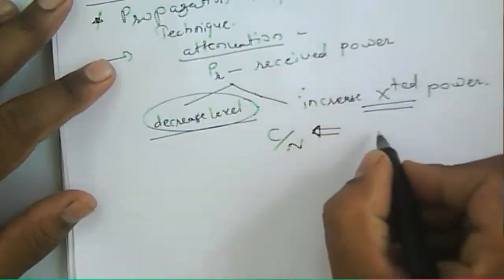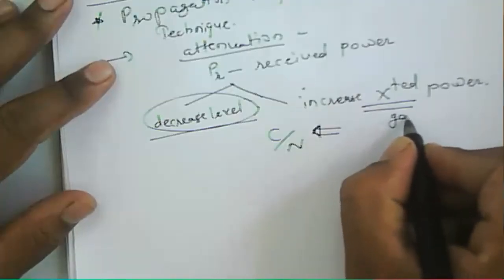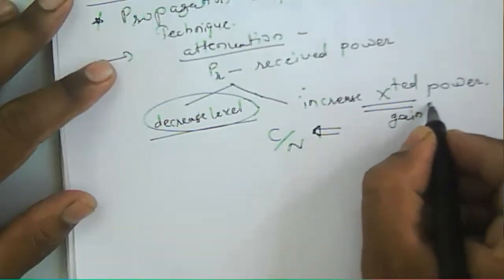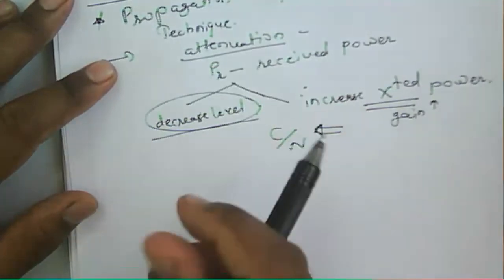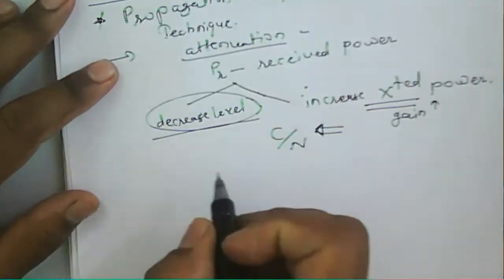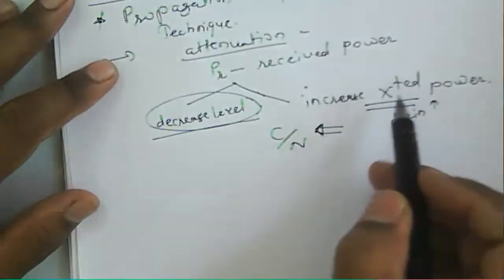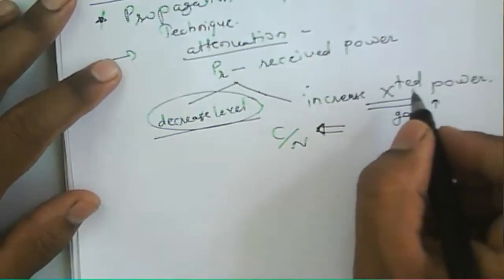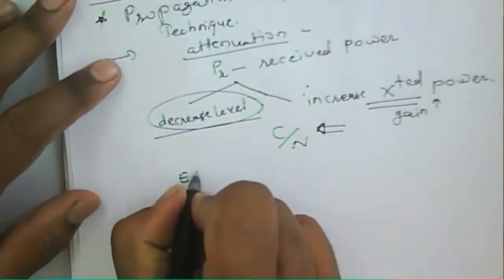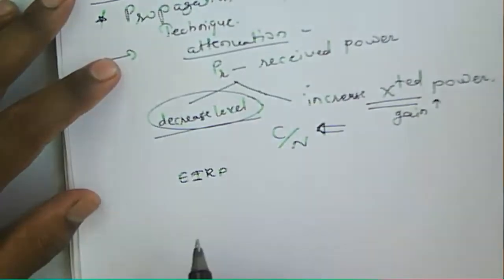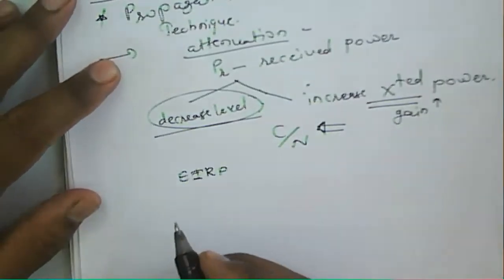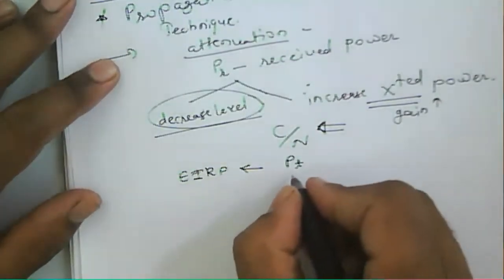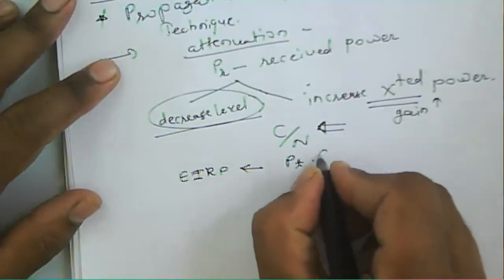Or we have another way, we can increase the gain of the antenna so that your transmitted power will be increased. That will be for both the uplink and the downlink. Increasing the transmitted power means we need to increase the effective isotropic radiated power, the EIRP. That EIRP is equal to PT into GT.